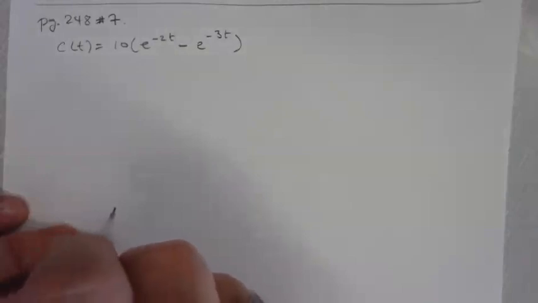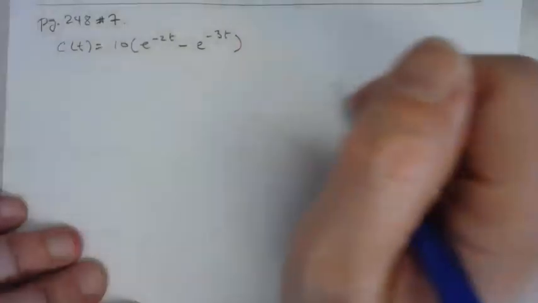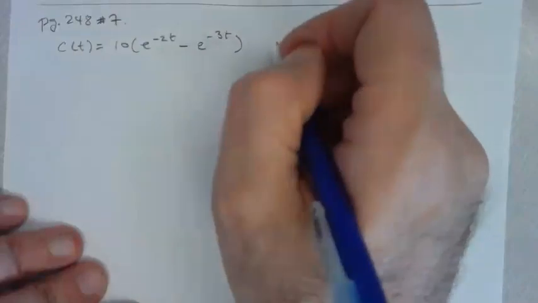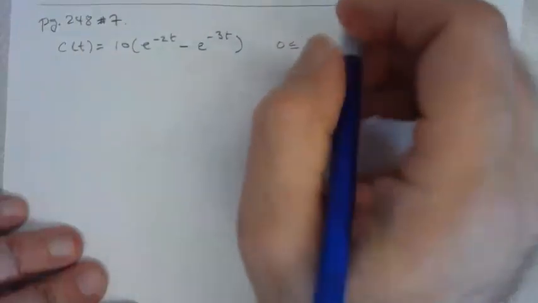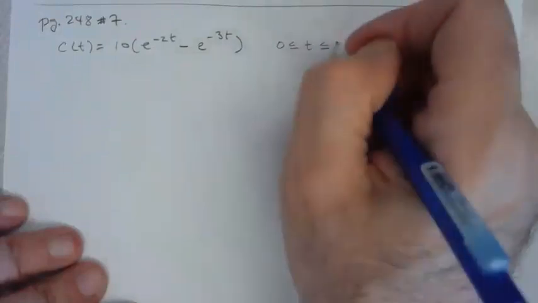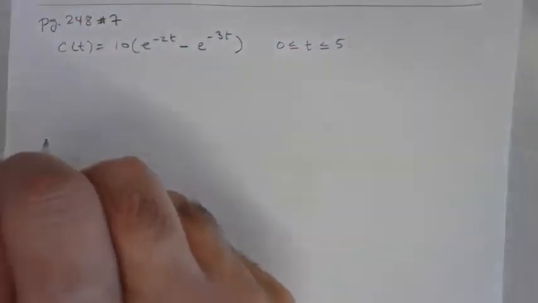And here, highest concentration within the first 5 hours. Again, we've got a closed interval because it could be anywhere from 0 to 5 inclusive.